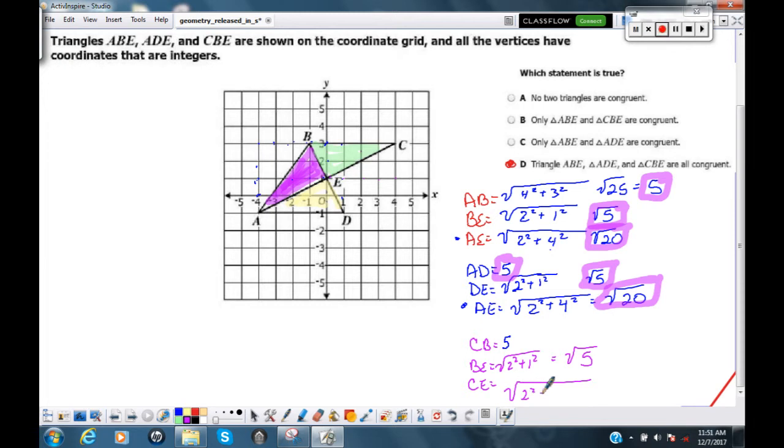Square root of 2 squared plus 4 squared, and that's going to give me square root of 20. So I have 5, square root of 5, and square root of 20. So that gives me all three triangles are congruent by side. That's another way to show that D is my answer.